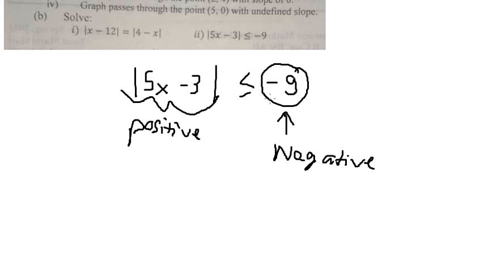Positive is always bigger than negative, but they want to add 5. The number is smaller than with the negative sign here. So in this situation, we have no solution.